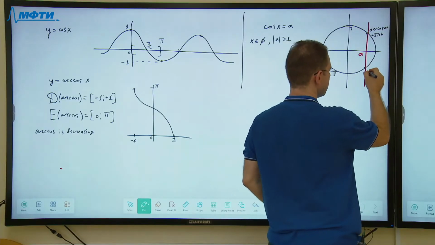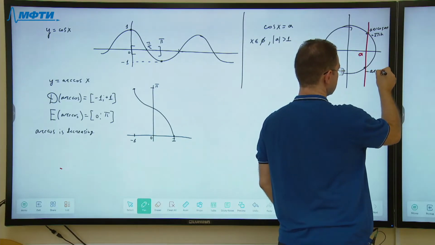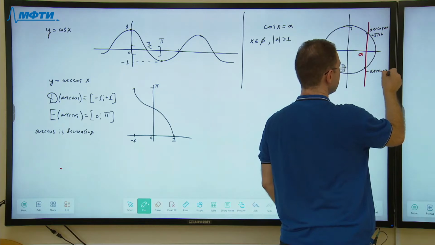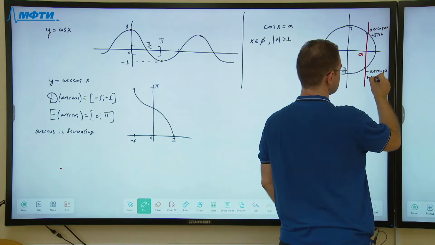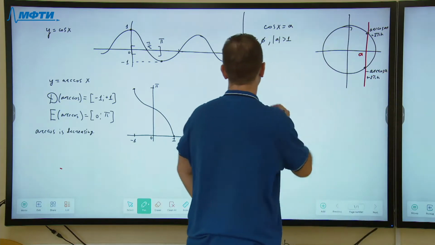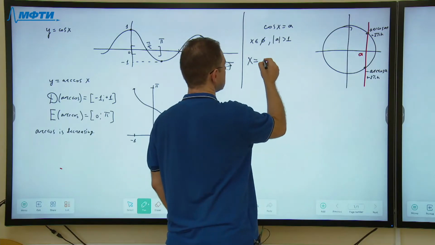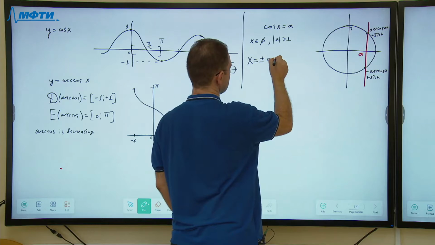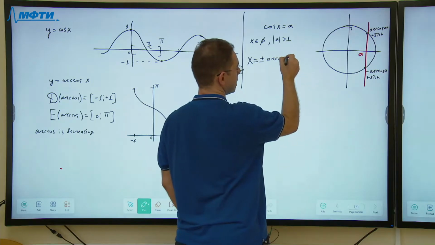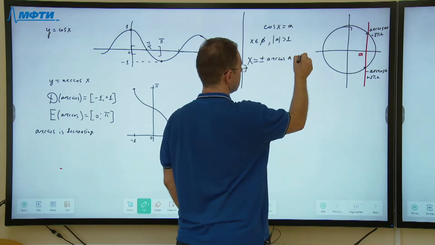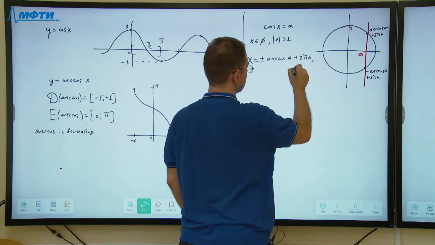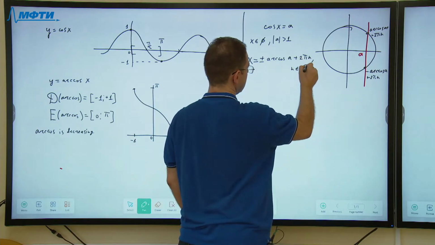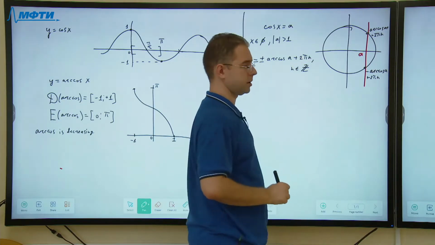So this is minus arc cosine A plus 2 pi n. So x equals plus or minus arc cosine A plus 2 pi n, where n is an integer.